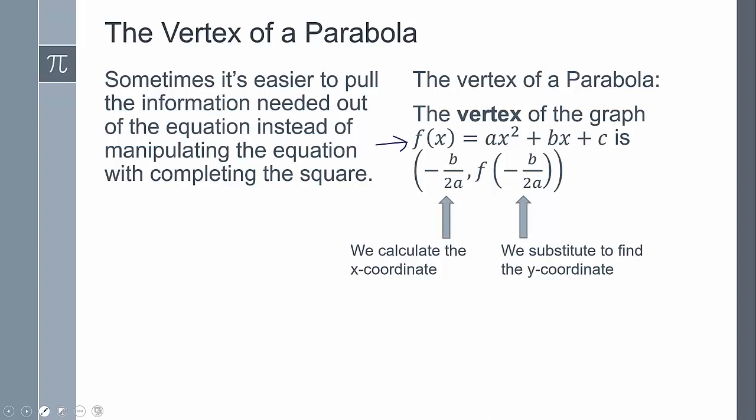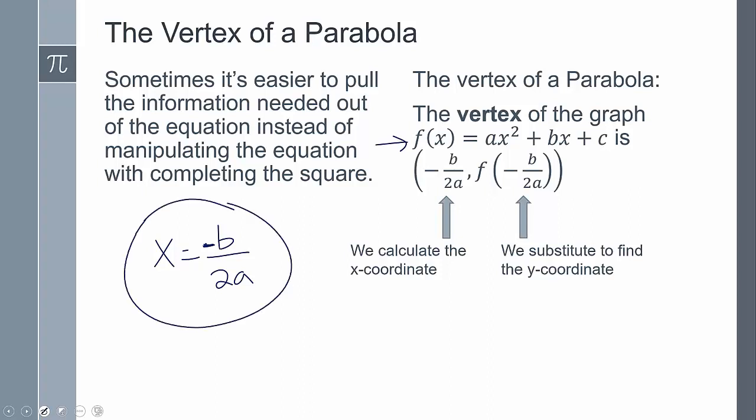And so if I use negative b over 2a, what that actually is going to do is it's going to give me my x value of the vertex. So I'll say x sub v. If you plug that back in, you're going to get the y value of the vertex.